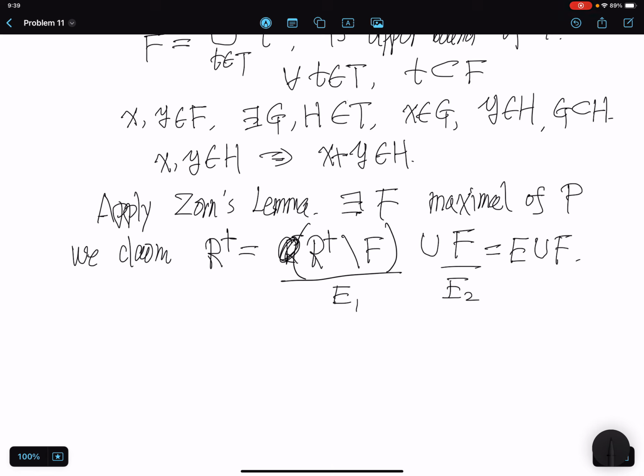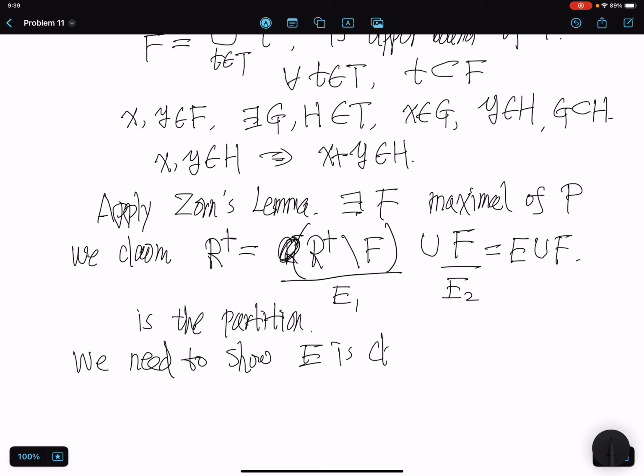Let's put it this way. We want to prove, we claim this is a partition. So all we need to show is E is closed under addition.